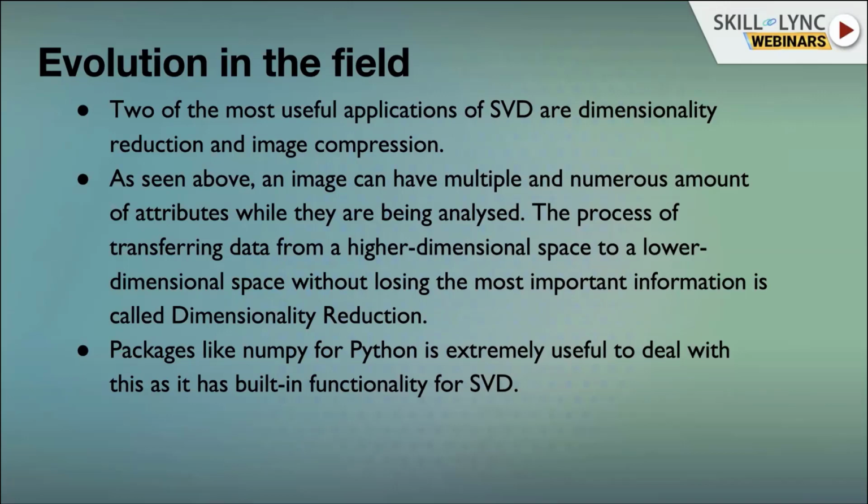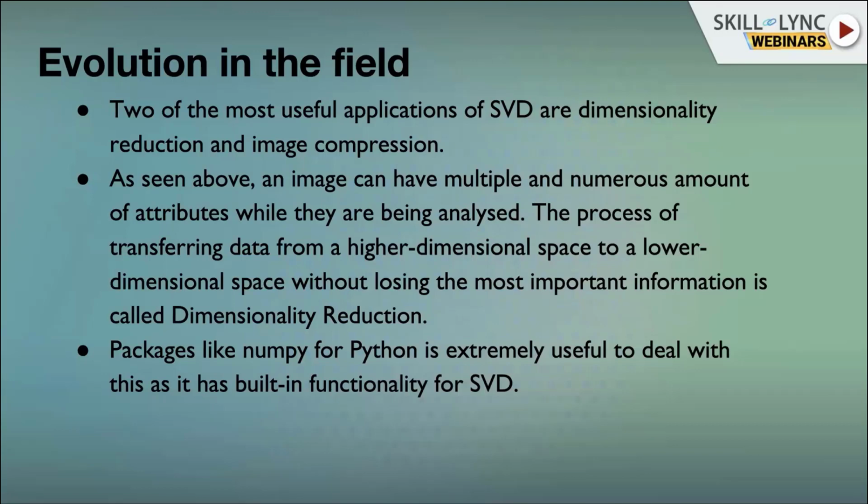So SVD is used for this. The process of transferring data from a higher dimension space to a lower dimensional space without losing the most important information is called dimensionality reduction. And SVD is basically one of the techniques that we use to do so.